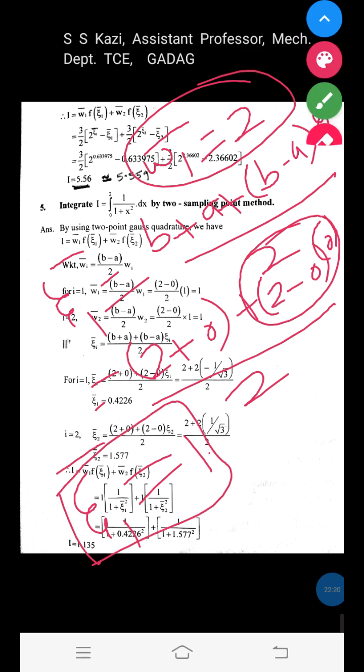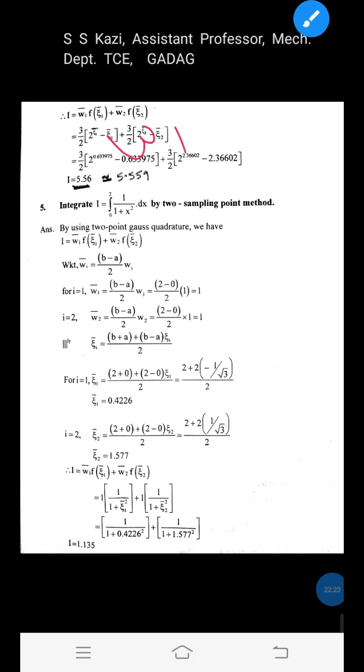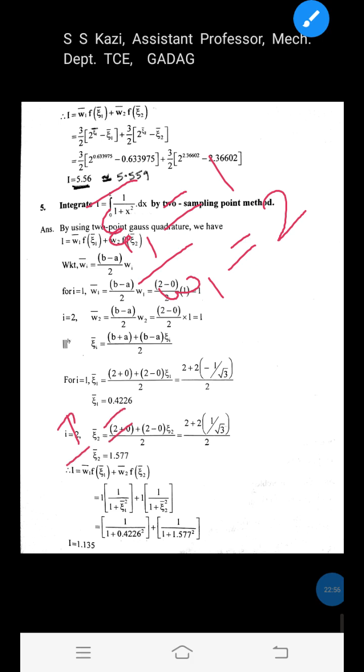So we got w1 bar is equal to 2 and zeta 1 bar is equal to 1.